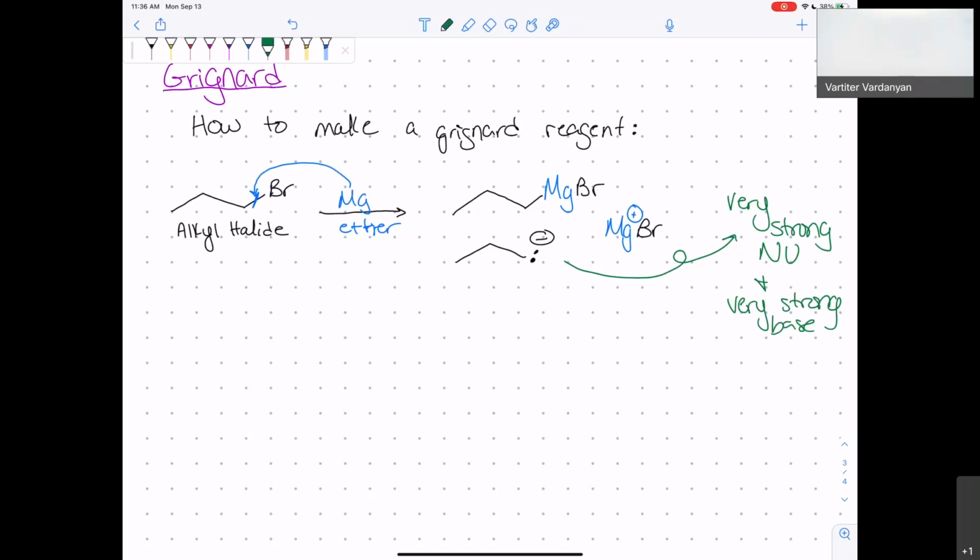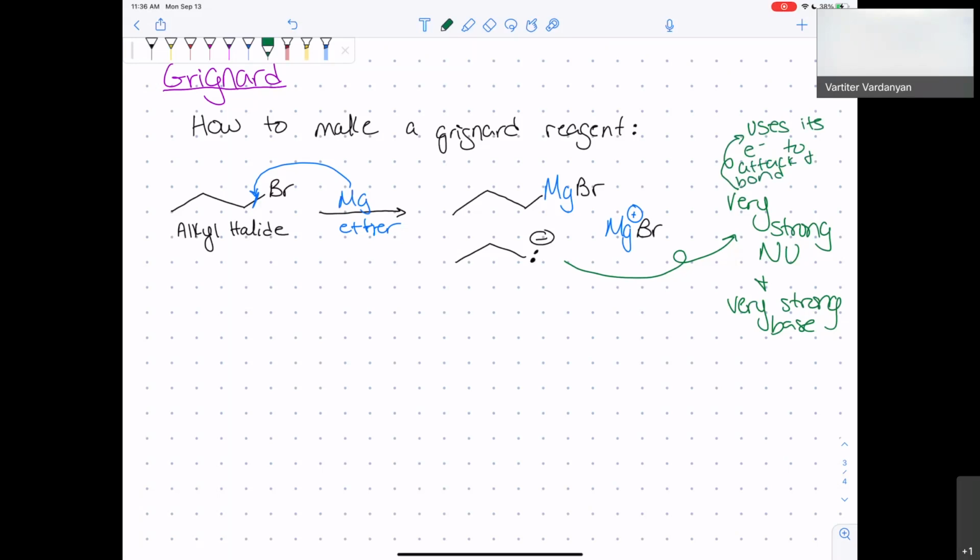So, right quick, let's take an intermission. What does this mean? A nucleophile is something that has extra electrons, right? We want to have more electrons. So it uses its electrons to attack and bond.